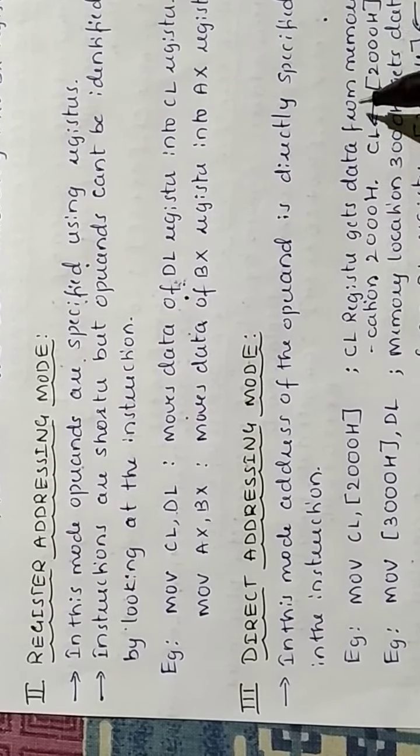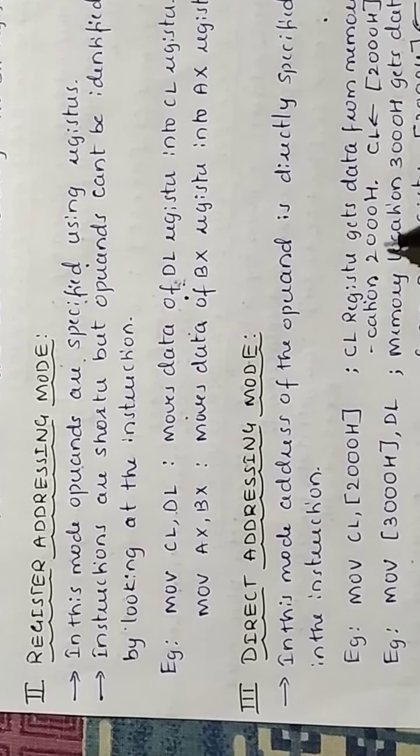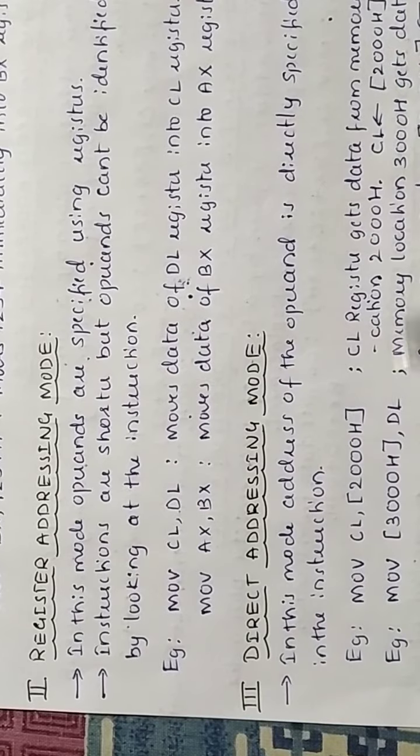CL register gets data from memory location 2000H. The data which resides in that location moves into the CL register. The second example is MOV [3000H], DL. Memory location 3000H gets data from the DL register. The data in the DL register is moved into memory location 3000H.